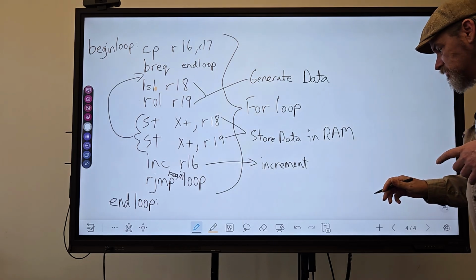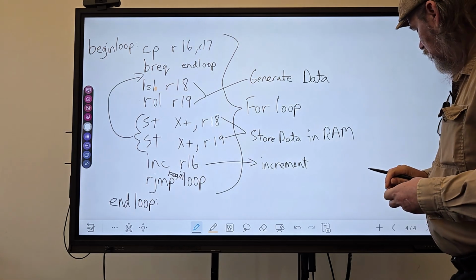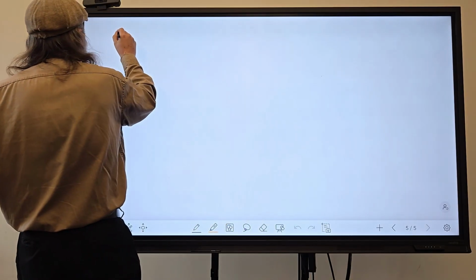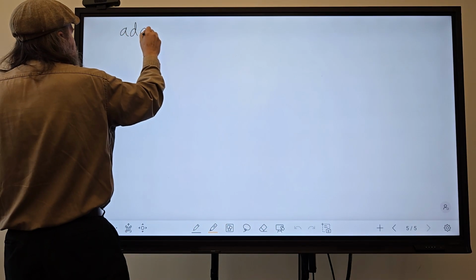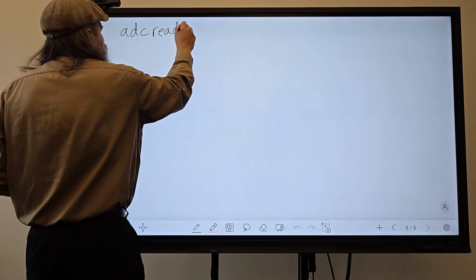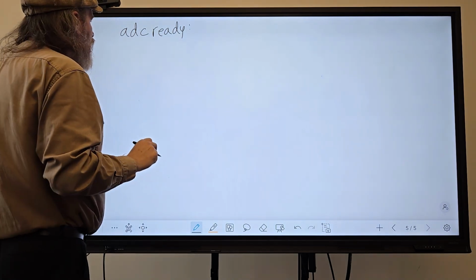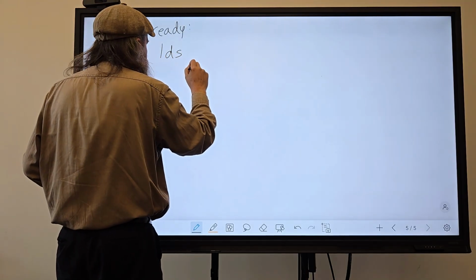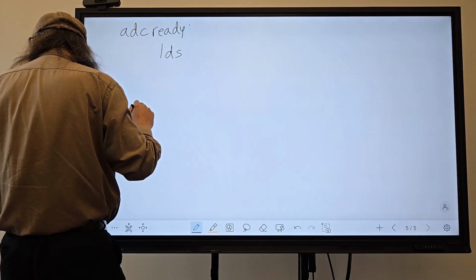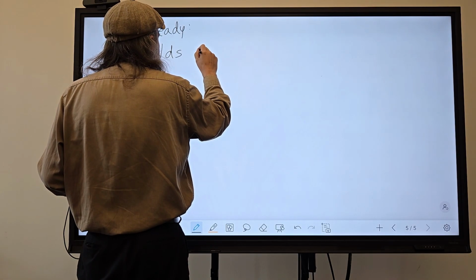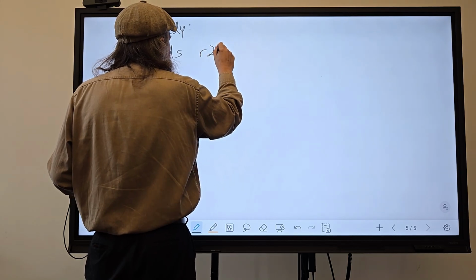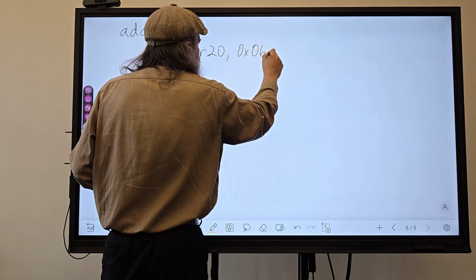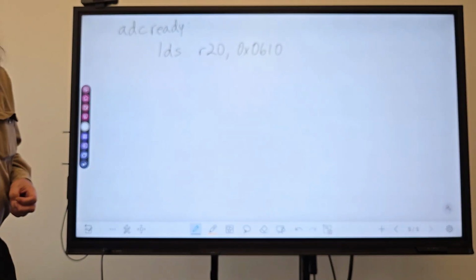Now, when you get the data from the ADC to indicate where to turn on the light, say your ADC ready routine, you'd read LDS R20 0x0610, if I'm recalling correctly, the address for the ADC result ready.